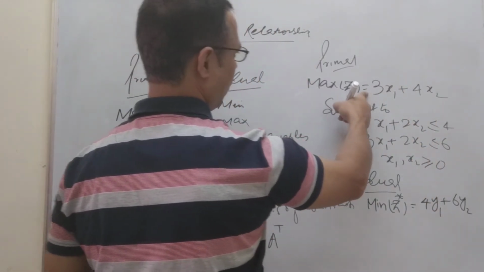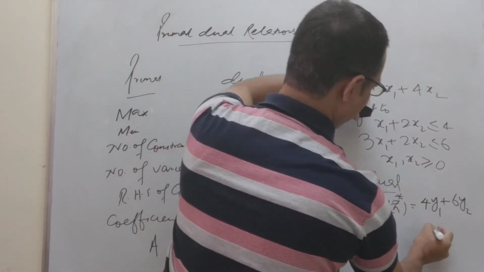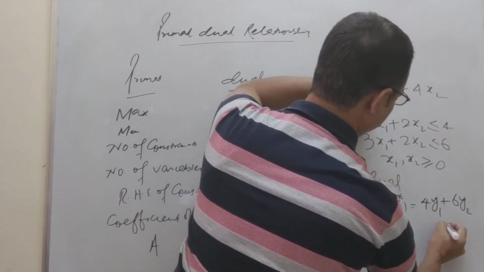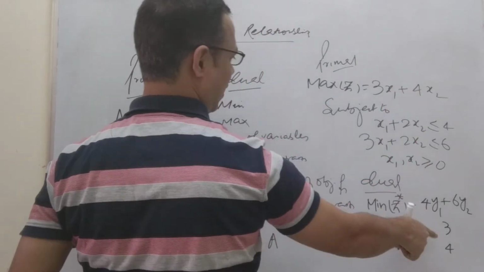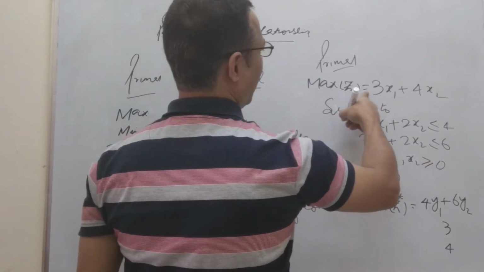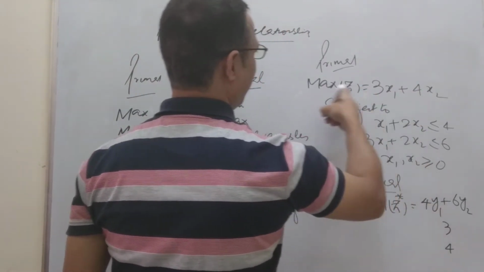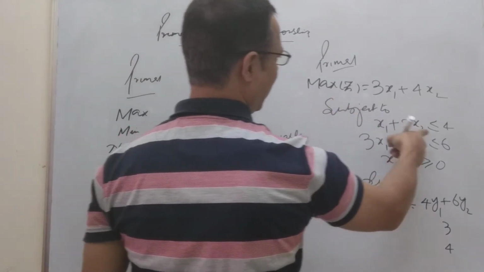So the right hand side of the constraints, 4 and 6, will become the coefficients of the objective function. It means 4y1 + 6y2. And the coefficients of the objective function, here 3 and 4, will become the right hand side of the constraints.